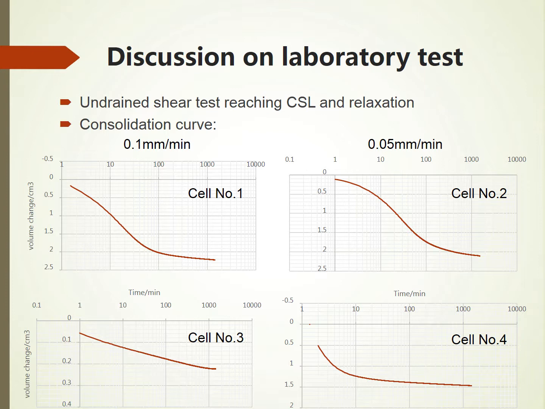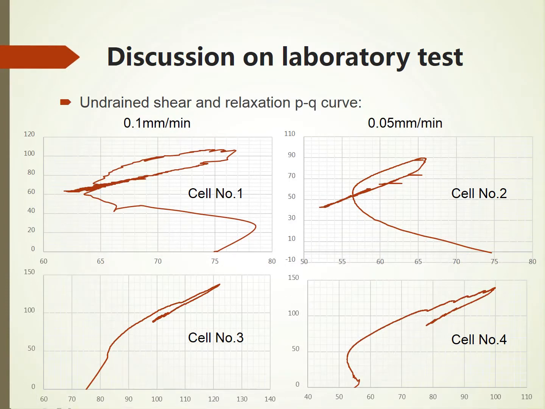Here's the consolidation curve for cell number 1, 2, 3, 4. I did 4 tests now, actually 6 in total, but only 4 tests are finished yet. And here's the triaxial shear and relaxation curve in P and Q axes.